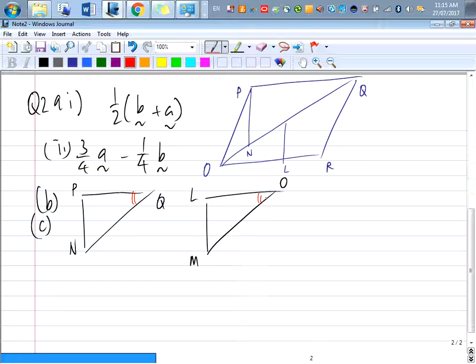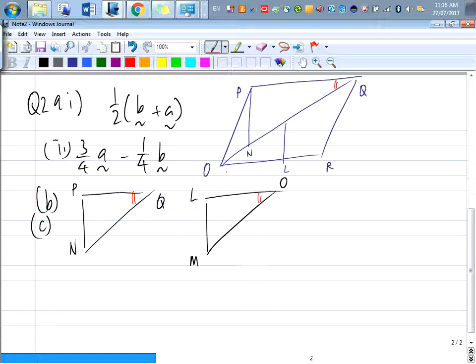Why are these two red angles the same? Anjali, do you know why they are the same? Runchen, do you know why? If you don't know why, go back to your diagram. PQN. PQN is over here. This is the angle I'm referring to. Then LOM.